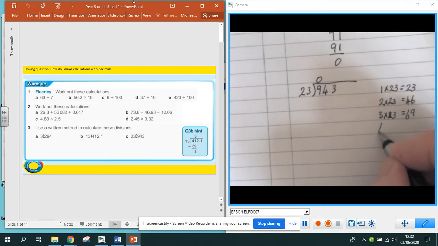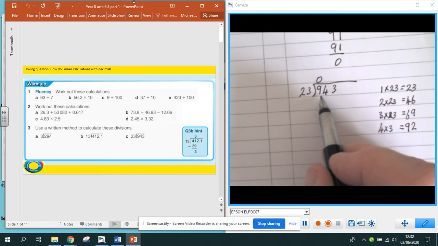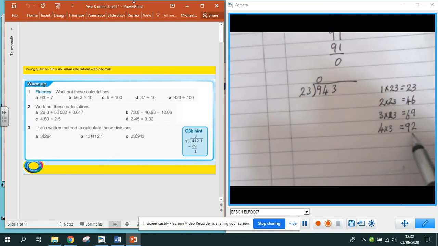I can work out 4 times 23 in a couple of different ways. I could add 23 onto this one, or I could double this one. 2 6s are 12, 2 40s are 80, 80 and 12 makes 92. Now the number I'm going to be dealing with here is 94, so I'm not going to have any more.